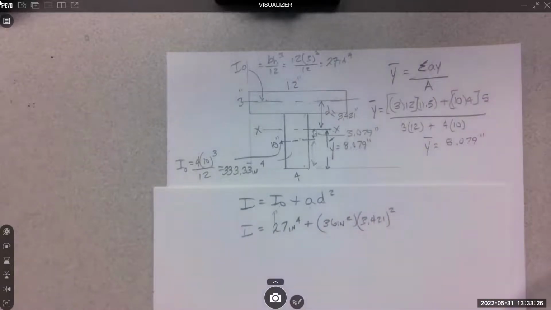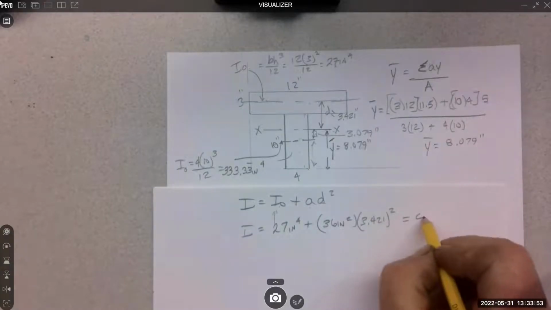Super easy to forget to square it. 448.316.